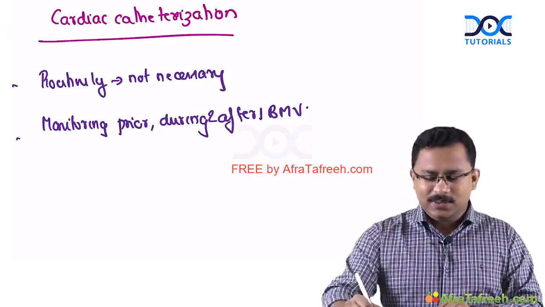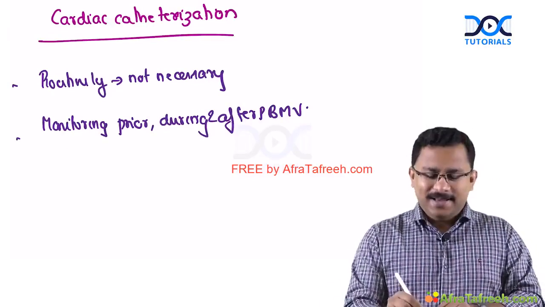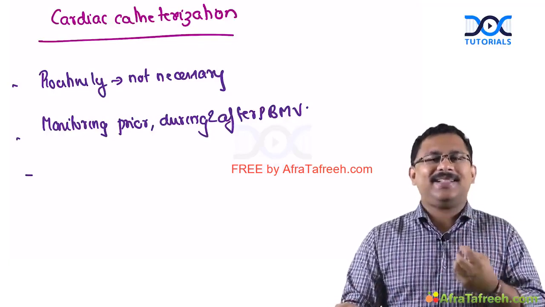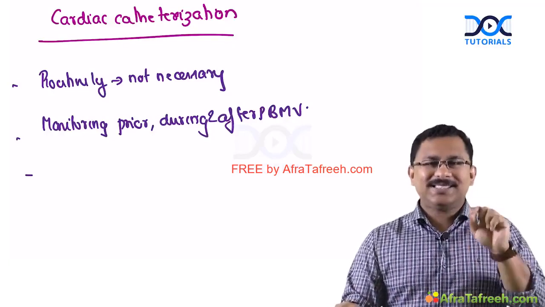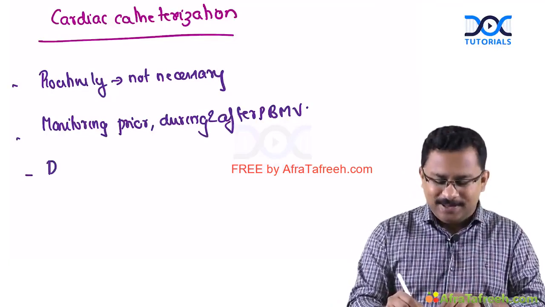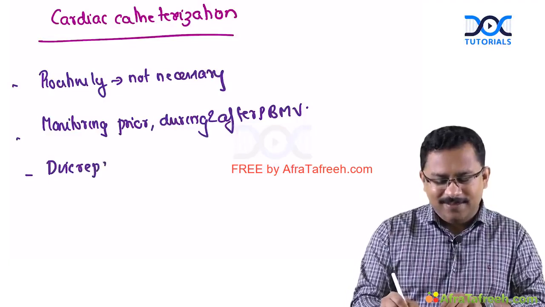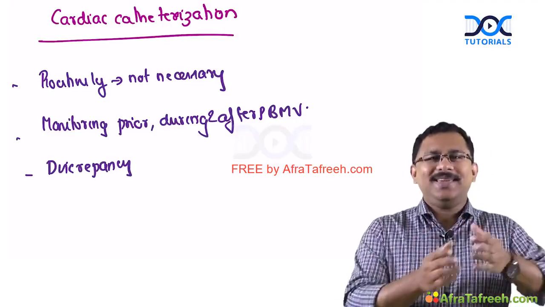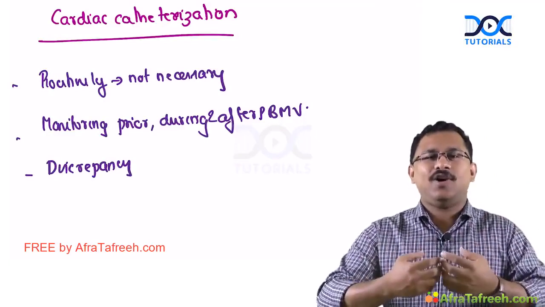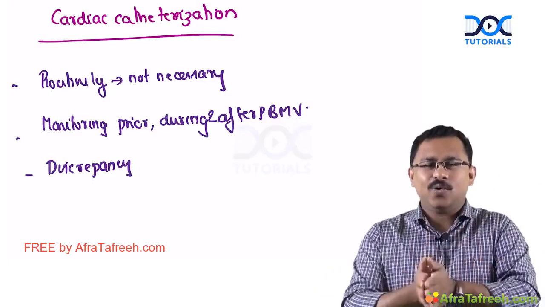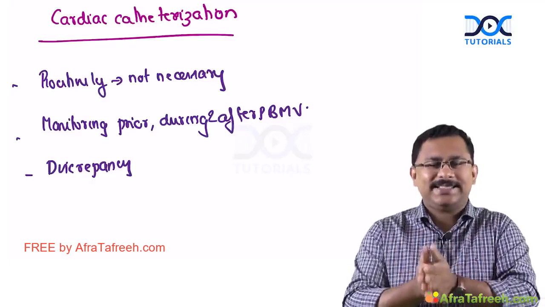And the one point you have got to note is that cardiac catheterization can have some role when you are having a discrepancy. What discrepancy? Between the clinical findings and the non-invasive findings that you have done, like ECG, echo, X-ray.